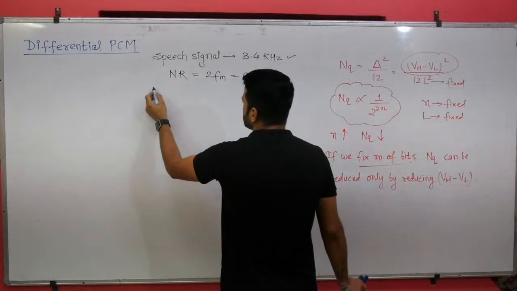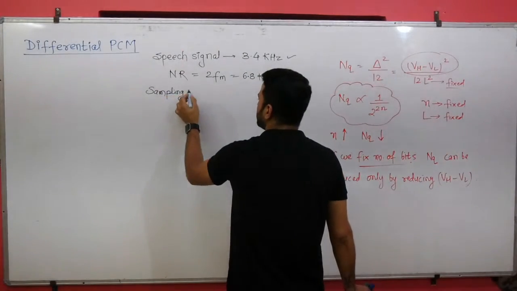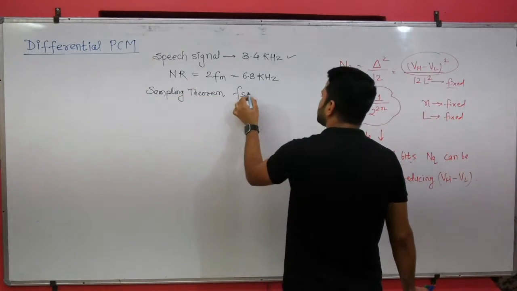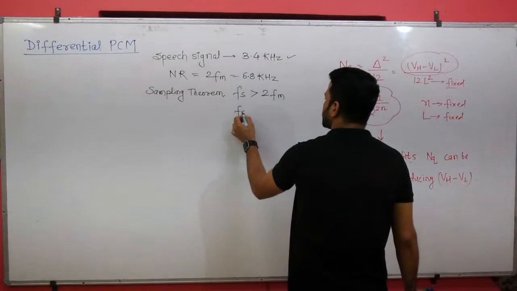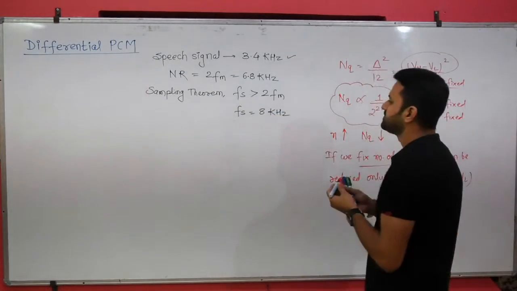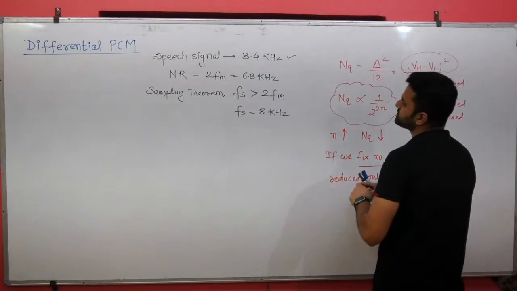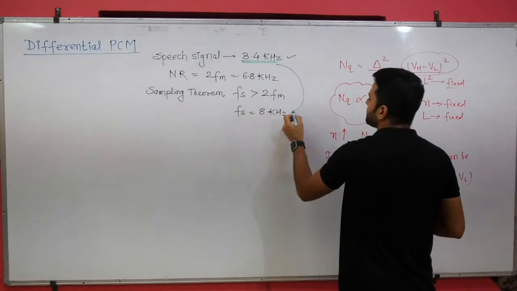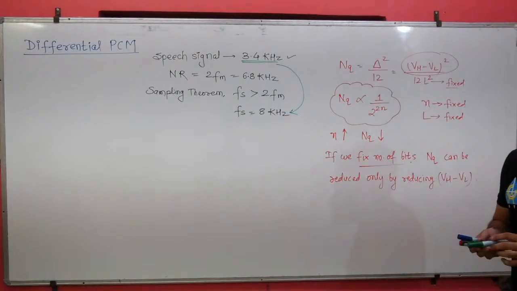According to the sampling theorem, the sampling frequency should always be greater than 2 fm, so in practice we select fs equal to 8 kilohertz. Is it clear up to this point? To sample this 3.4 kilohertz signal, we use a sampling frequency of 8 kilohertz.